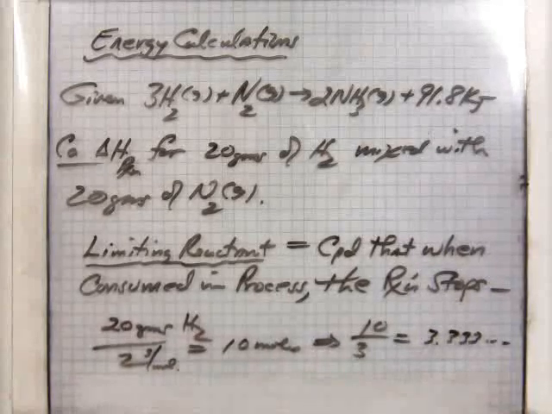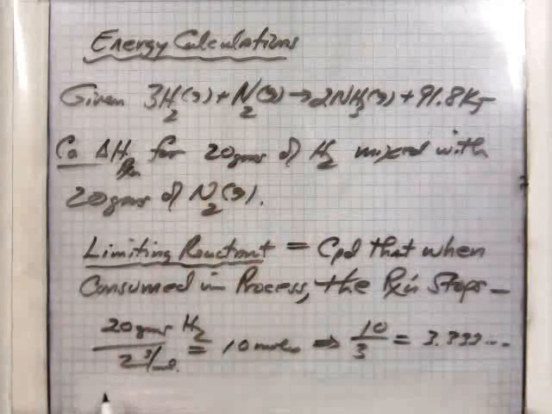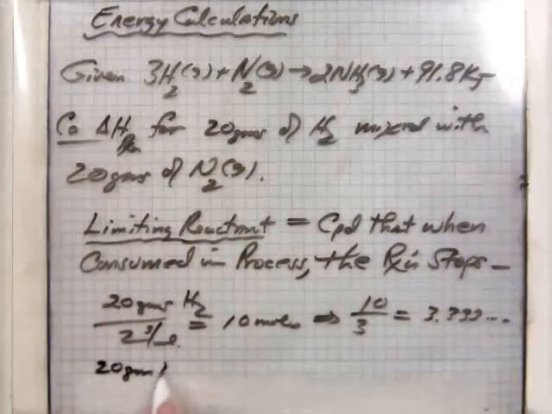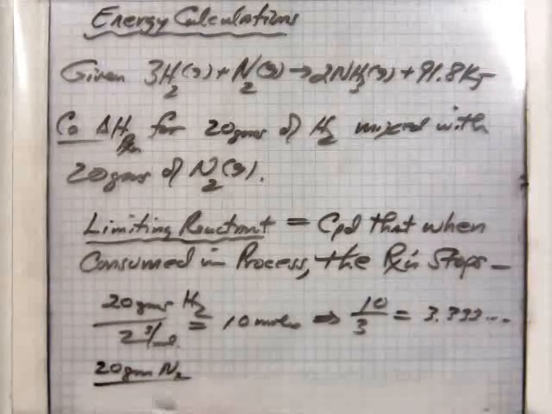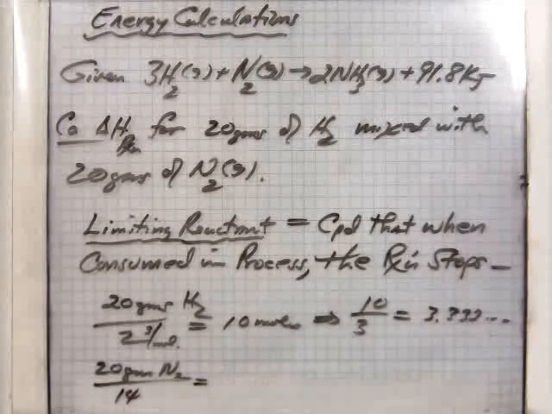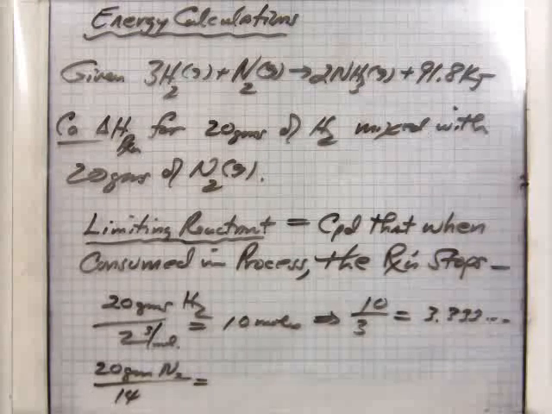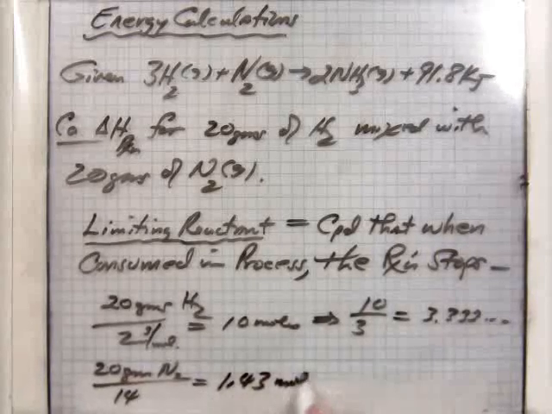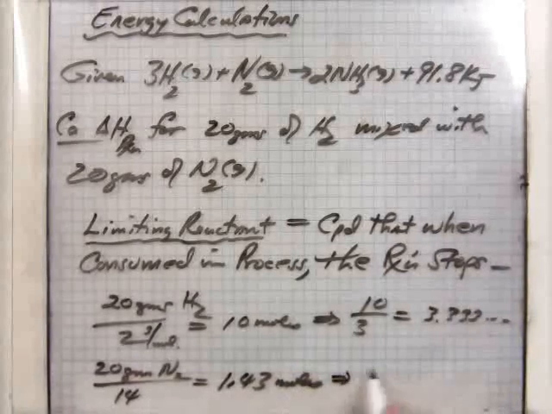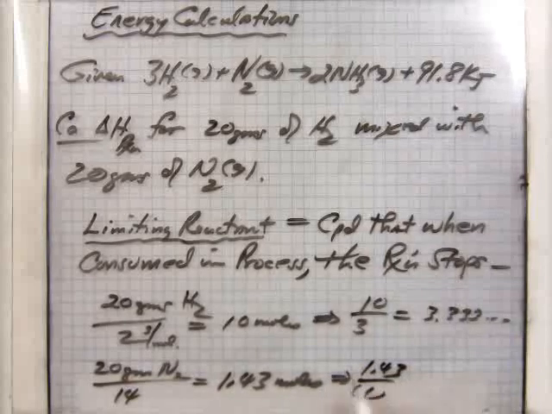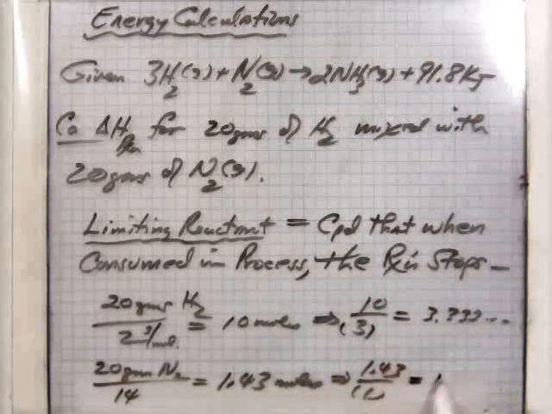So in the same context, nitrogen, if we have 20 grams of N2 gas, then I'll divide by 14, and so 20 over 14 is 1.43 moles. And then I divide by the respective coefficients, so 1.43 over 1 is equal to 1.43.